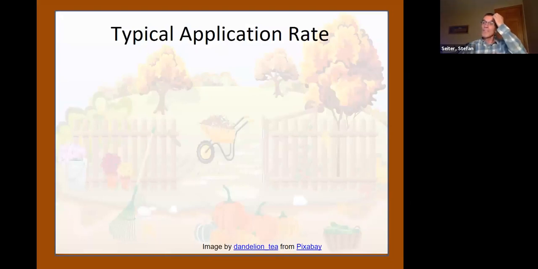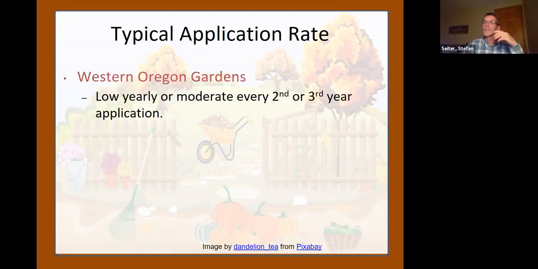Okay, so what does it all mean for somebody calling you up and saying, hey, how much lime should I apply? I would tell them apply lime yearly, every year, on the lower range of things, or at least every second or third year.